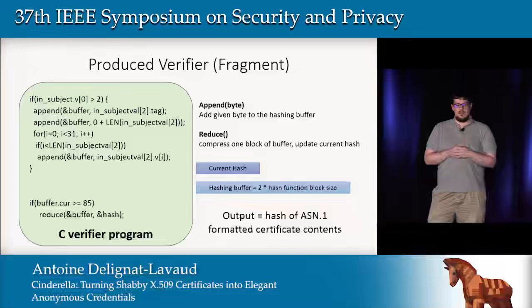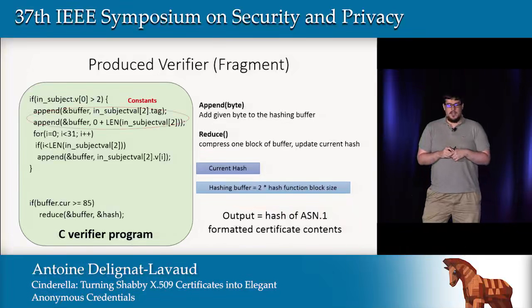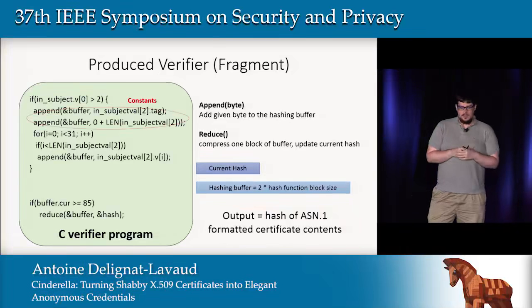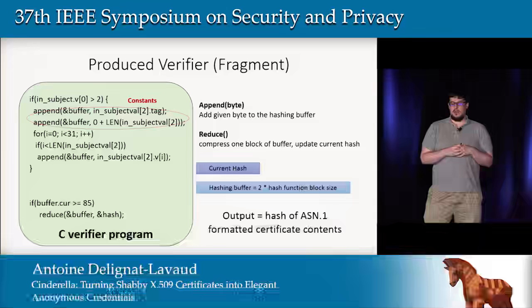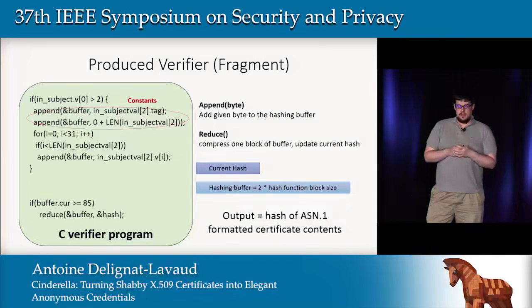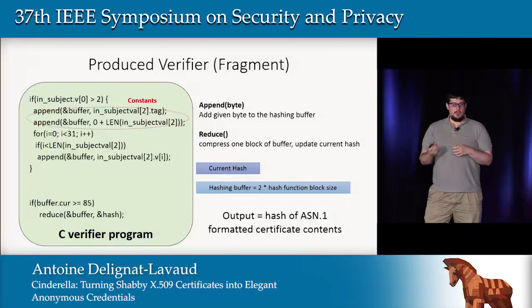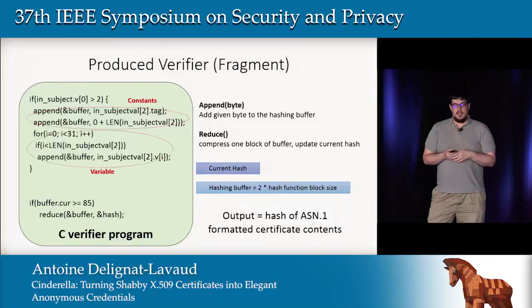If we look at the produced verifier here in the small fragments, you can see that we rely on two main primitives, one for appending a byte and one for calling the reduction function. And we do unconditional appends for adding bytes and bounded loops for adding variable length inputs.